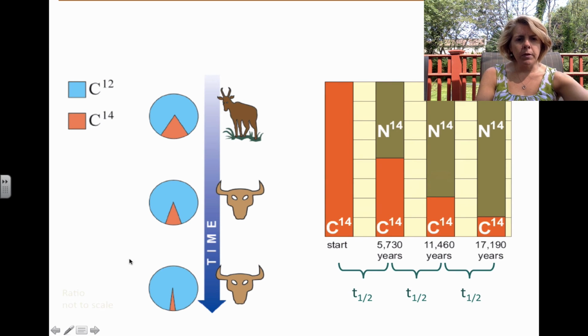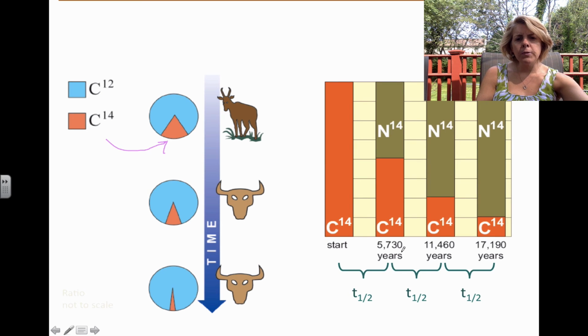Here is an example of an animal that underwent radioactive decay, and notice that only a small portion of it is actually C14. So a good chunk of the organic material is carbon-12, which is not radioactive. So when scientists are measuring radioactive isotopes, they're measuring a very small amount.